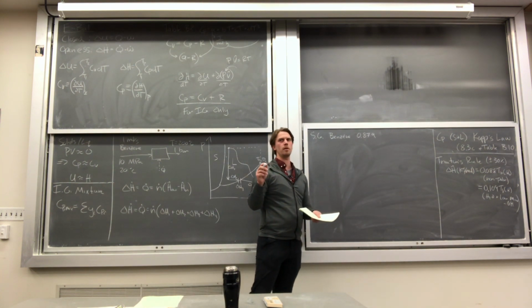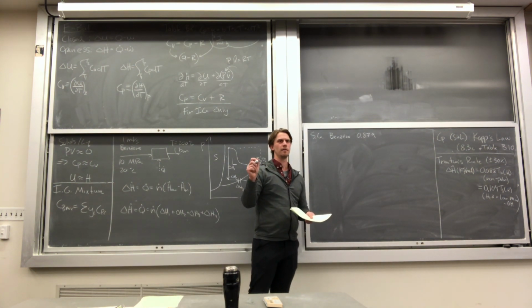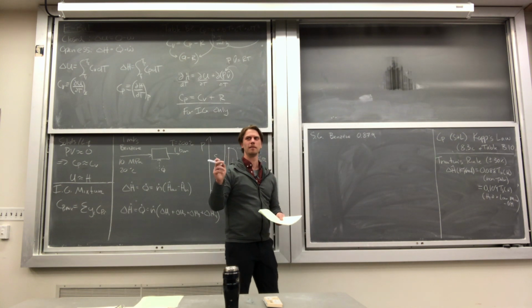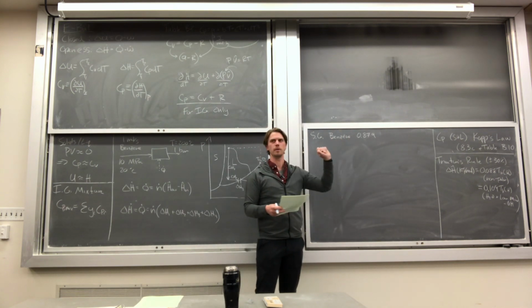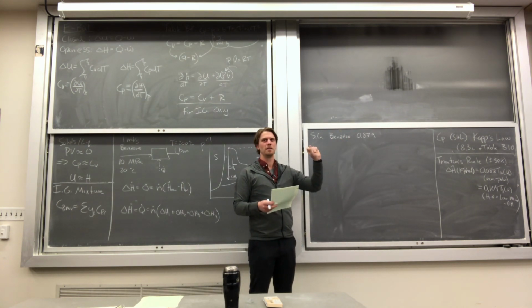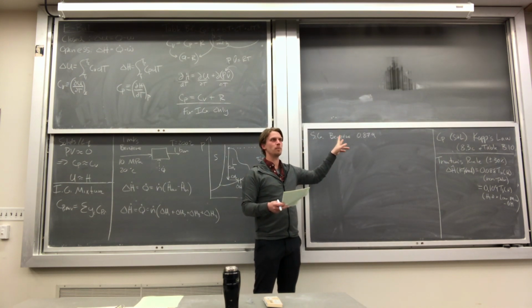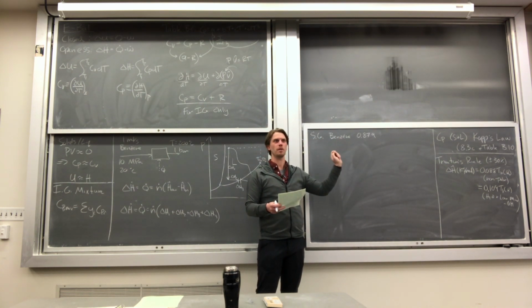Okay, what's another unit? Kilograms per meter cubed. Could do that one. So what would it be in kilograms per meter cubed? 879. Okay, what about another unit? What about 0.879 grams per milliliter or grams per cubic centimeter, right?